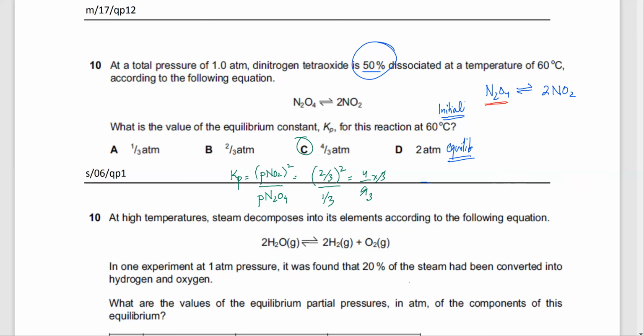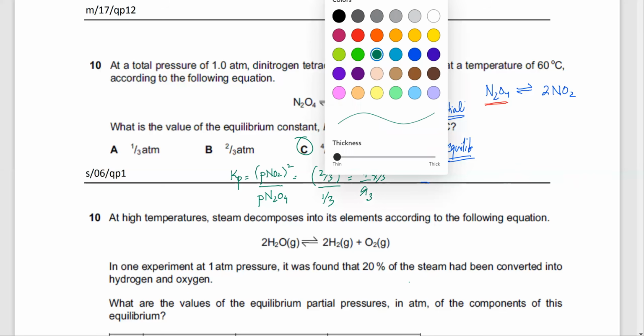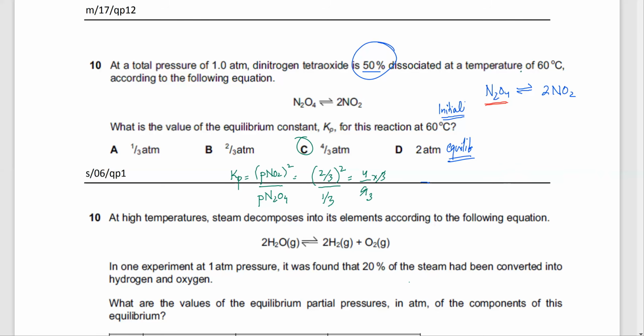So let's start with initial moles being 10 moles of N2O4, nothing of NO2. 50% got dissociated. So 5 moles reacted. On the other side, it's 1:2, so 5 would produce 10 moles.